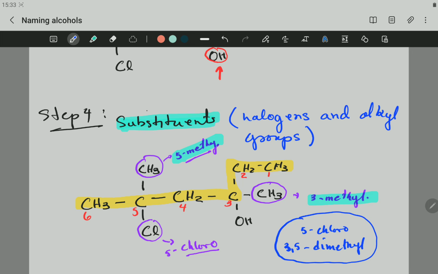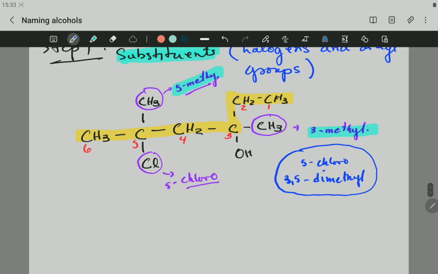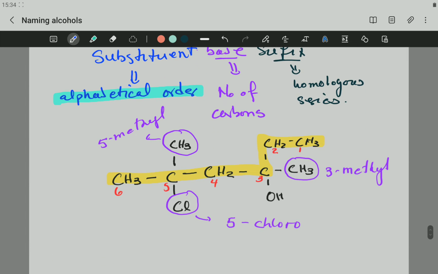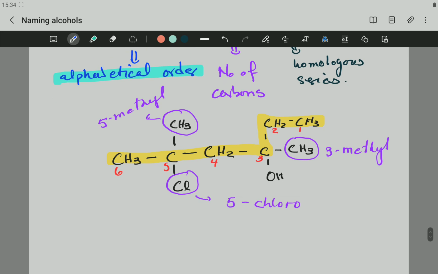So up until here we have that, and we also have ol. Remember, it was a 3-ol, and we have hexane. So this is all the information we have. We have the substituents, we have the homologous series, and we have the number of carbon. So all we have to do is to come down and just write the name. So let's see.